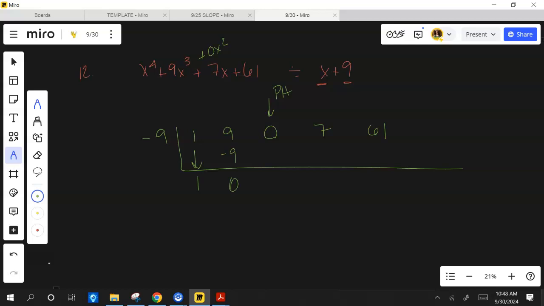Multiply. Add. Multiply. Add. Multiply. Oh, negative 63. I don't know why you were doing 18 times 9.